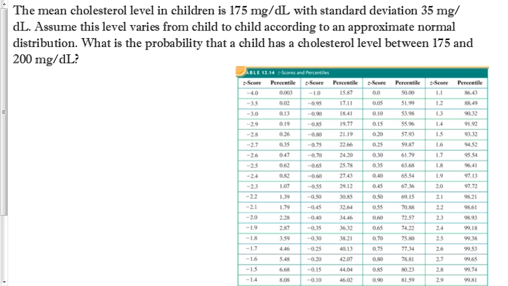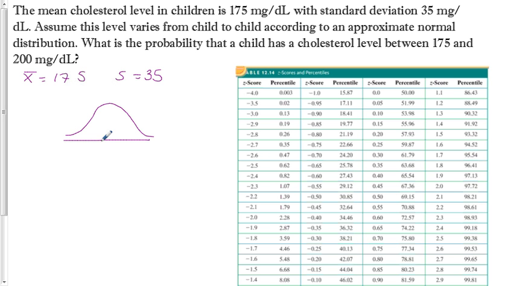Next, let's take a look at calculating a z-score, or calculating a probability rather, when you are looking for the probability of something occurring between two amounts. So in this example, we have the same mean and standard deviation as the previous problem. The difference here is we want to know what the probability is that a child has a cholesterol level between 175 and 200.